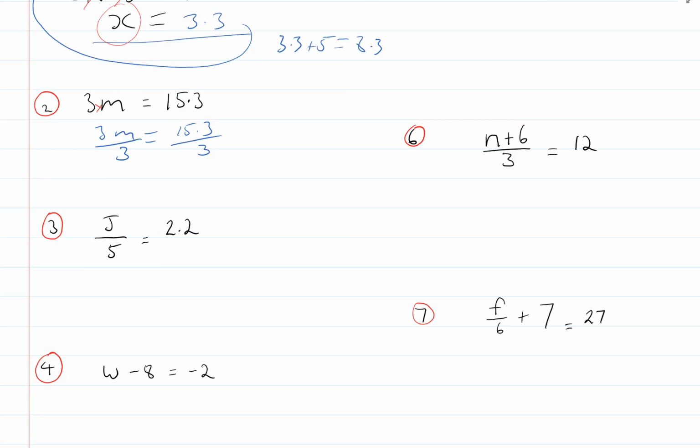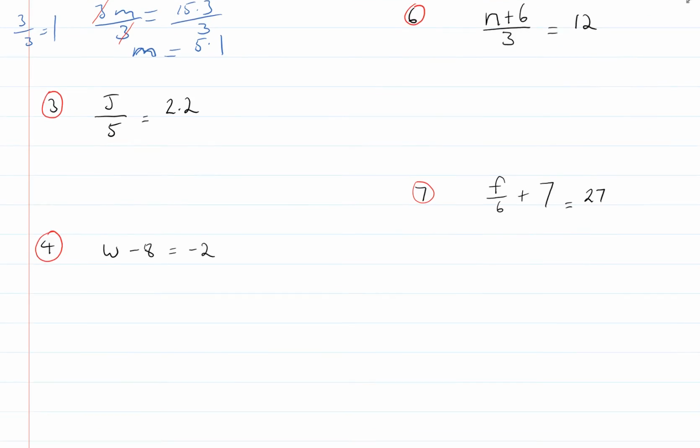When I've got the 3 over the 3, I can cancel them out, because 3 divided by 3 is equal to 1, so it'd be like having just 1m. We don't really write the 1 in algebra, so I'll get rid of that. I can do 15.3 divided by 3, and that'll give me 5.1. And 3 times 5.1 obviously gives me 15.3.